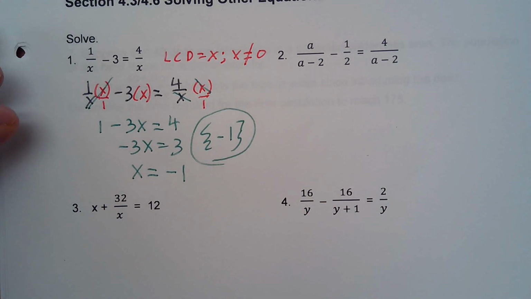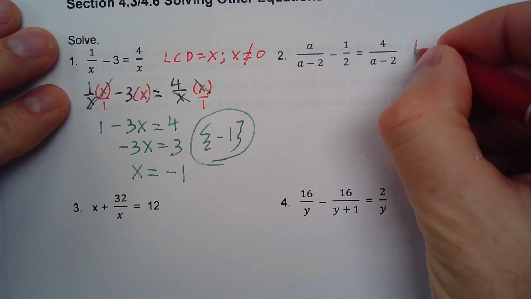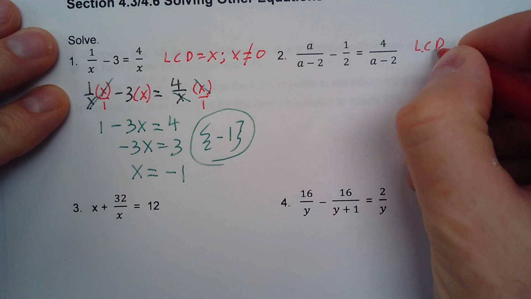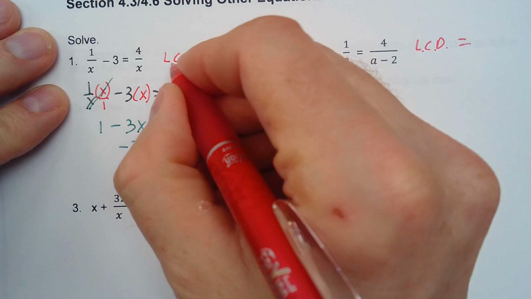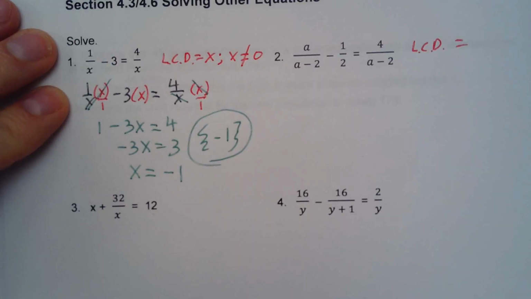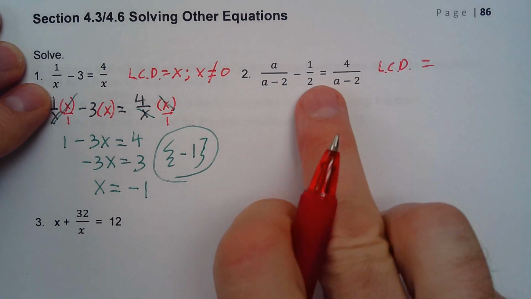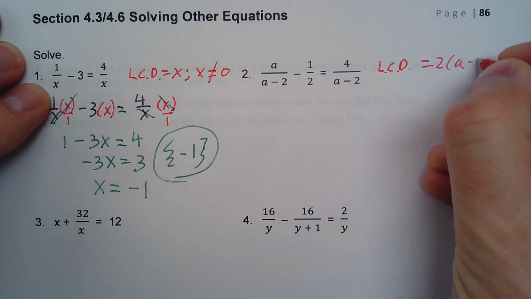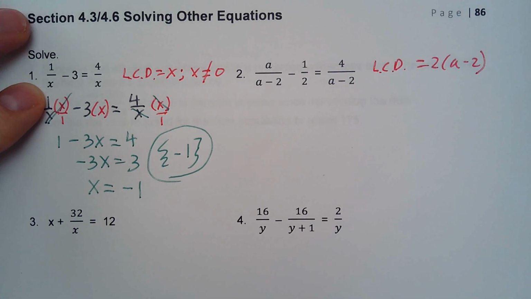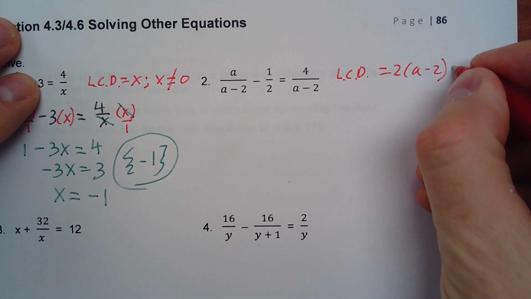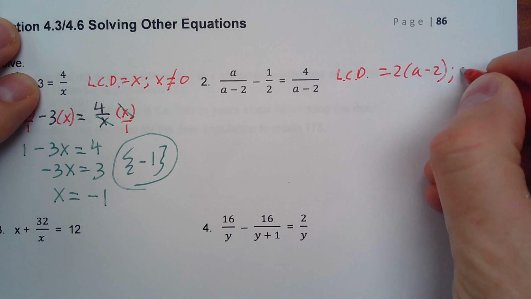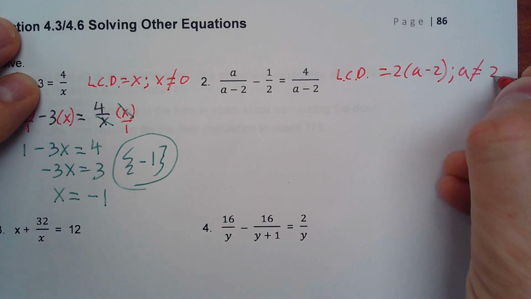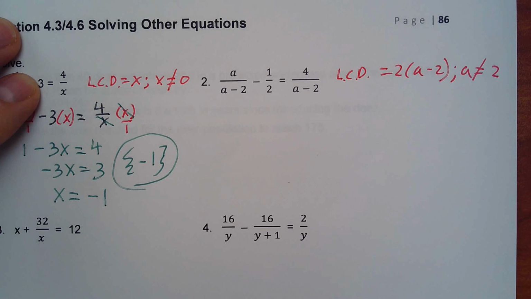All right, let's try the next one. So my LCD here is the 2 and the a minus 2. My restriction here is that a cannot be equal to a positive 2. So now we're in business.